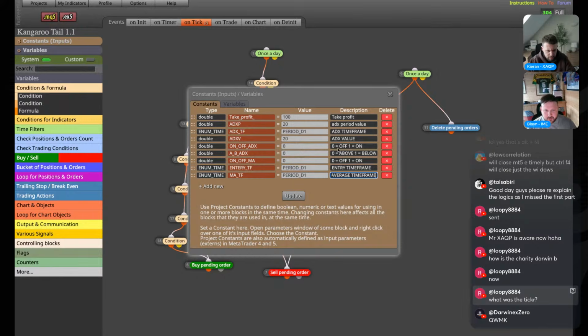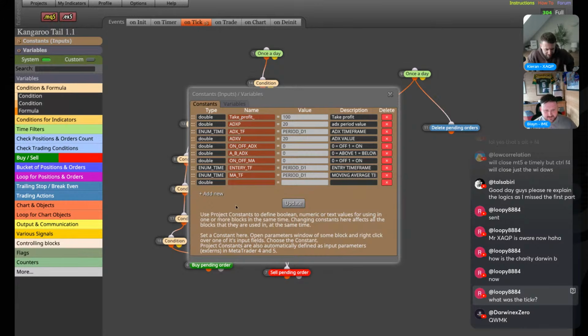You're not going to be too happy with this, Kieran, because I'm using capitals and lowercase for everything. Your OCD's going mad right now at me. But I'm not too bothered as long as we get the end result. That's all I care about. Although it might be a bit of an eyesore in the inputs. I will say that.